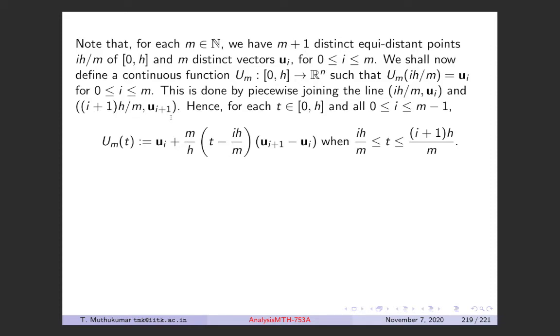So we write down these equations, and you actually have a formula for capital U_M. Capital U_M is precisely this function whenever t belongs to this interval. You do this for each I, so in each interval this is the formula, the straight line joining these two points.